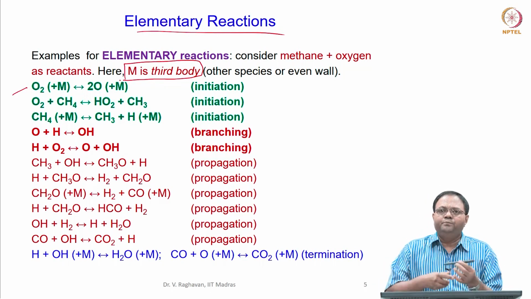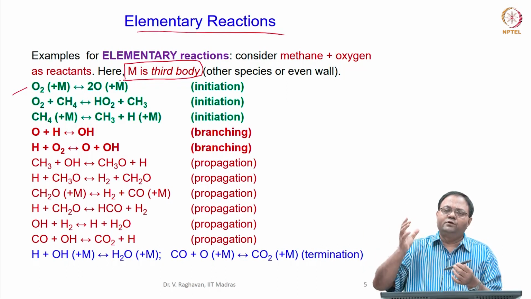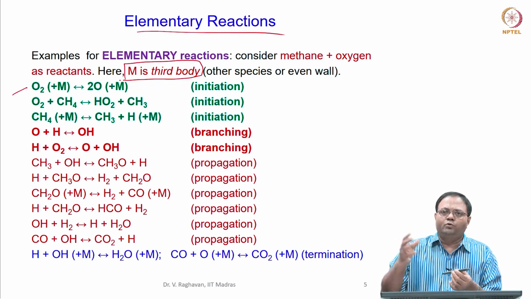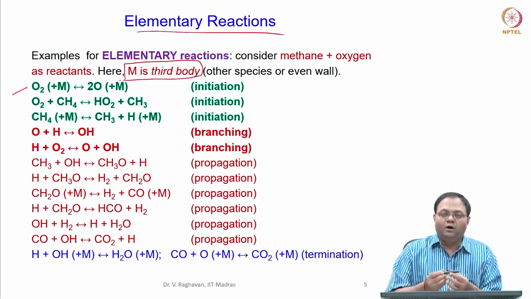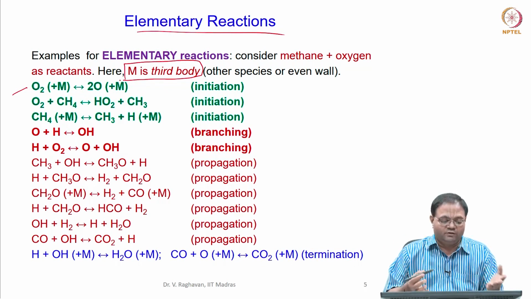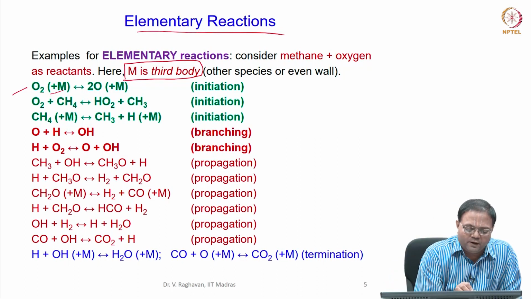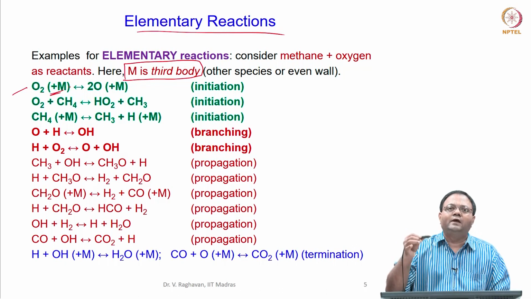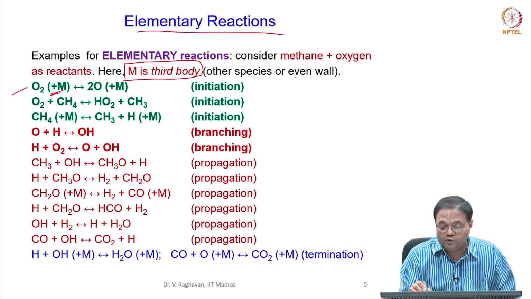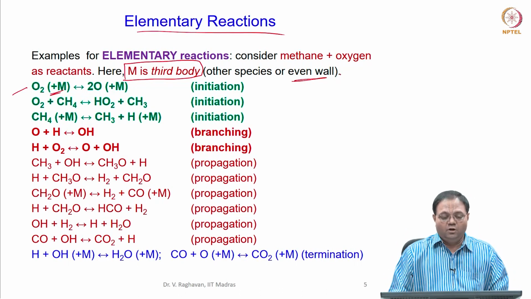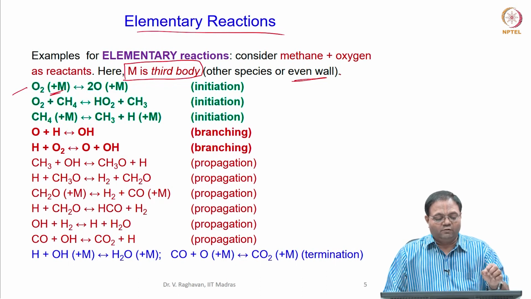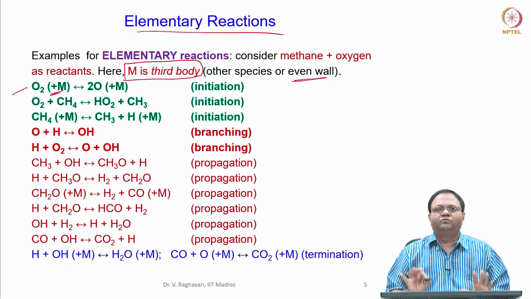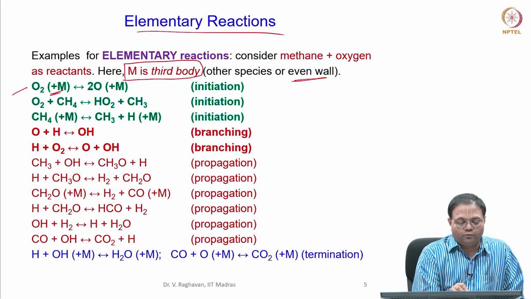The oxygen can collide with any other species, like even some partially formed products, CO, CO2, anything. So this M can be anything, and that particular species is heavier, and it may be the wall of the reactor also. That will contribute to just the breakage of the bonds. So, for example, O2 breaks to 2O.